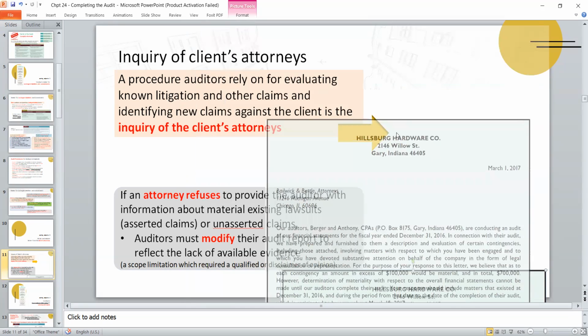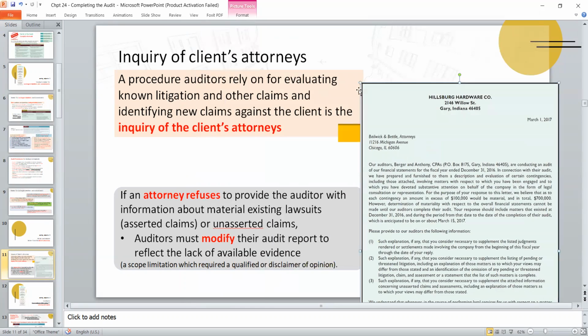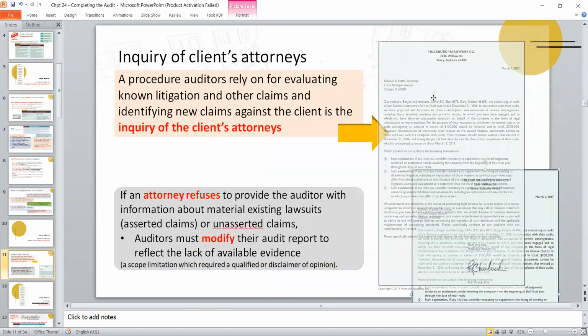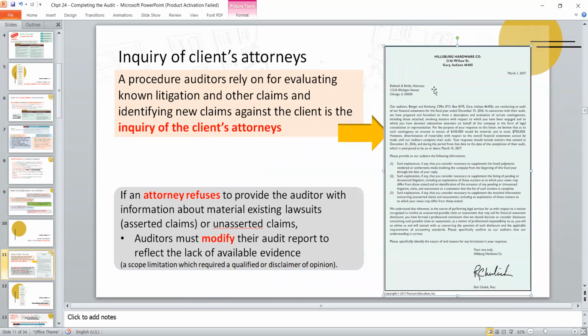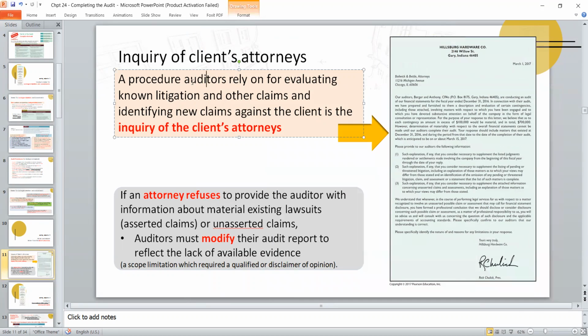This is one of the procedures in the completion of auditing. The auditor relies on evaluating known litigation from the inquiry of the client's attorneys, in the form of a confirmation.